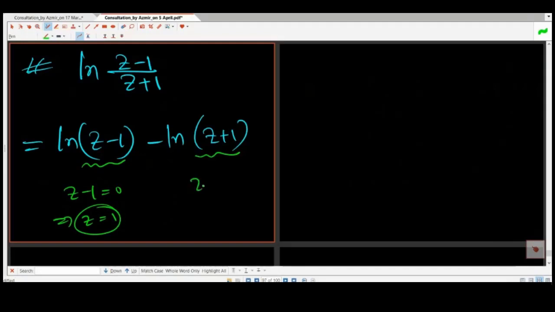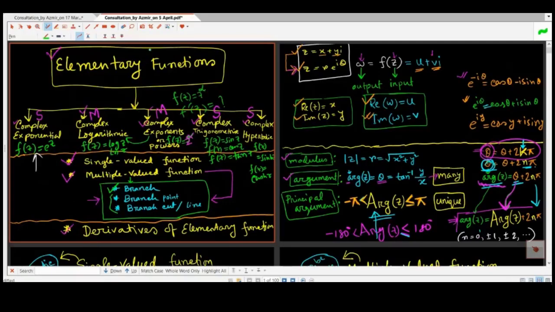This is also z minus a, so if we solve for 0, we get z equals negative 1. That means this time we have two branch points. So this is how we can find branch points. Whatever functions I have discussed here, all these are elementary functions. I hope you have understood all the concepts. So thank you.